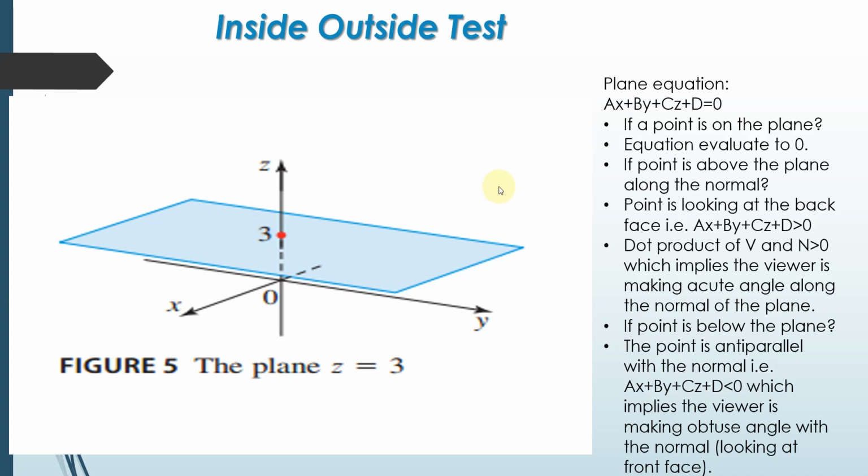So ax plus by plus cz plus d will be more than 0 if the point taken is above the plane, and if the point taken is below the plane, we'll have the value ax plus by plus cz plus d less than 0.